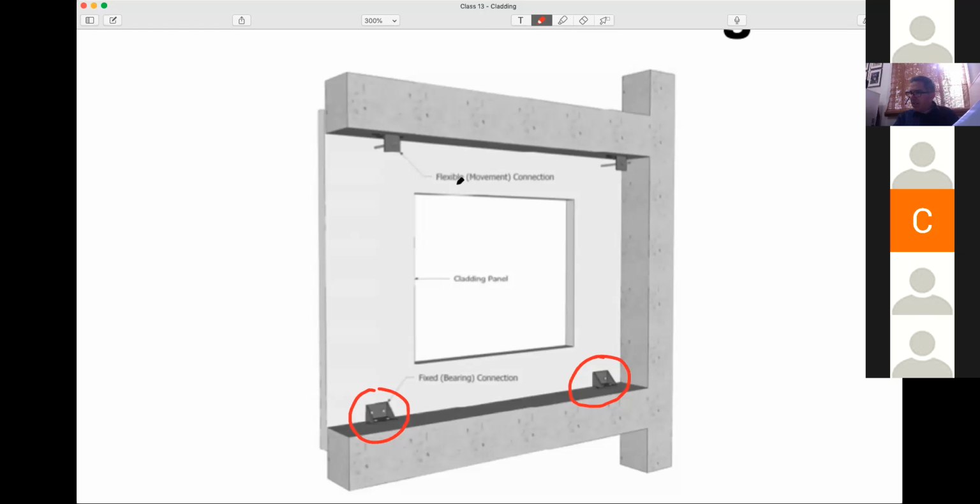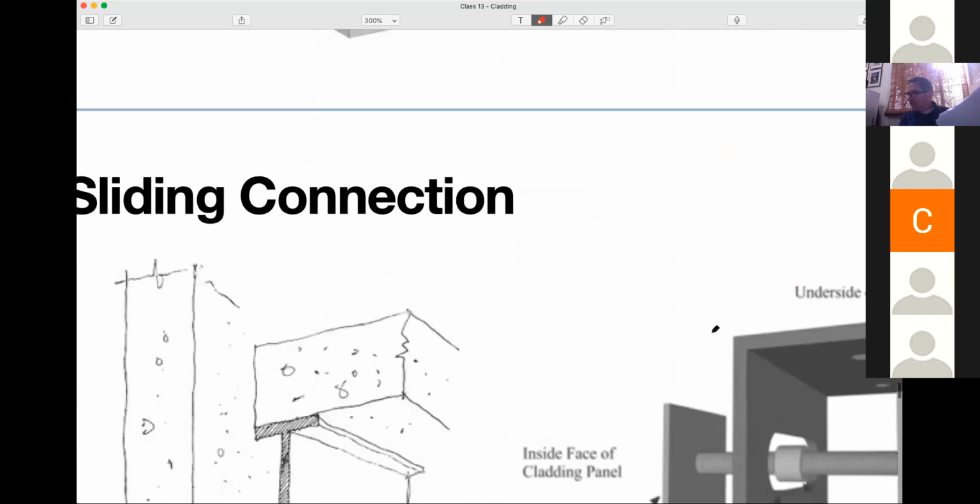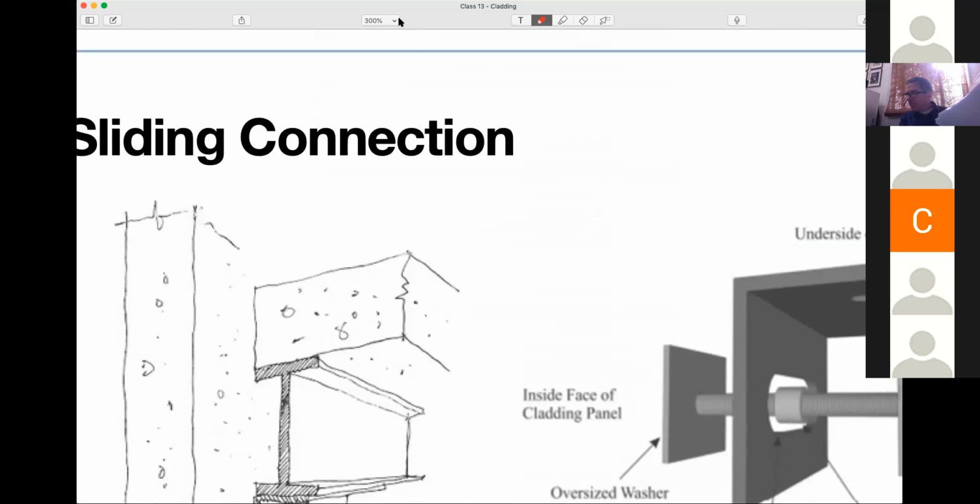And then up here, we've got flexible movement connections at the top, and that's where our sliding is going to be allowed to occur. It's the out-of-plane direction, this direction, that is restrained by those flexible connectors. So those rods.